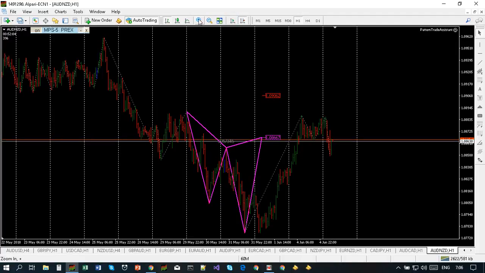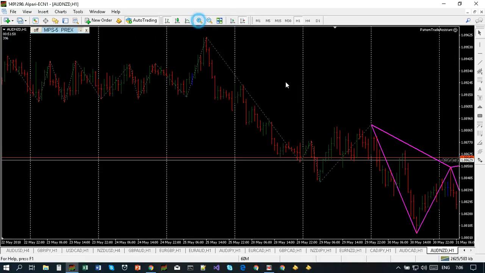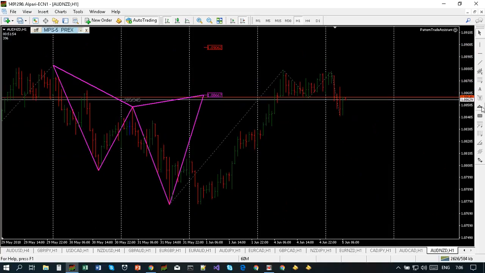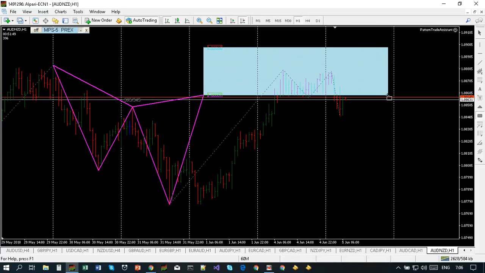Okay, so let me zoom it in and let me go this way and disable this. Okay, what is the execution here? Very simple. As far as I remember, I used the inside bar penetration or something of this kind.